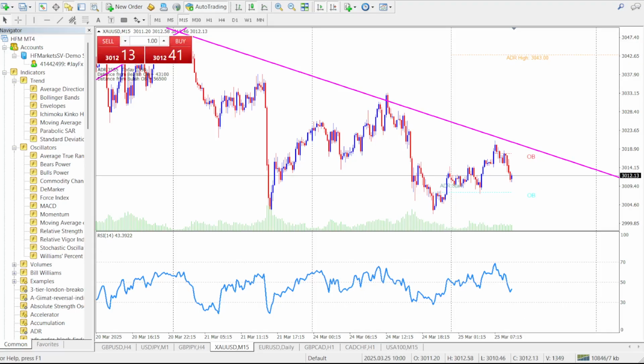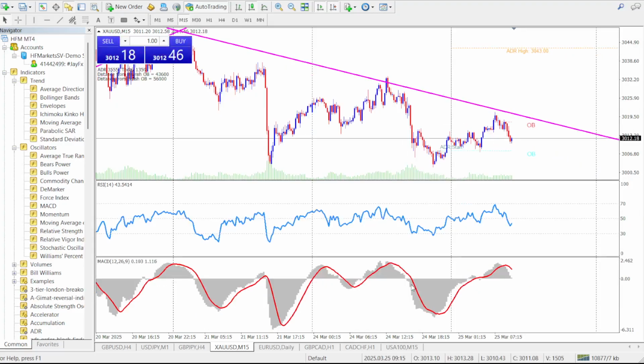Another indicator that you can add is the MACD. The MACD indicator helps identify momentum shifts before making trade decisions. So you can use this also to complement the information given to you by the ADR order block finder indicator.